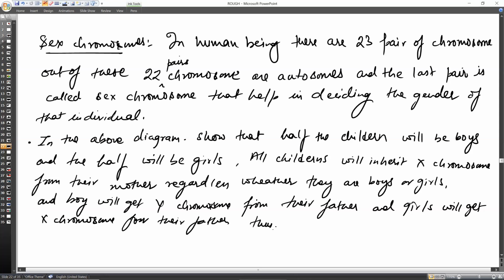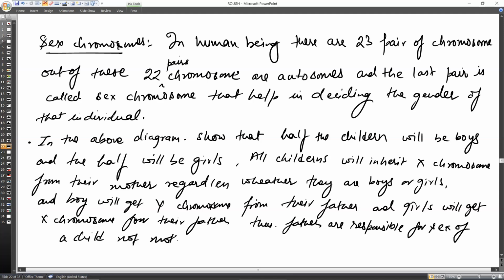Thus, the father is responsible for the sex of a child, not the mother.